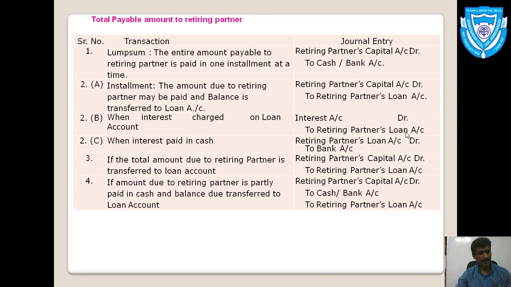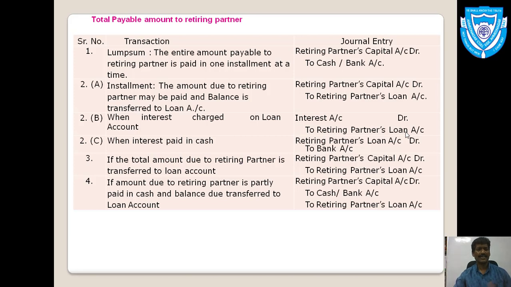If the amount due is paid in installment to retiring partners and remaining balance of that amount is transferred to his loan account, the entry will be passed. Retiring partner's capital account debit to retiring partner's loan account.